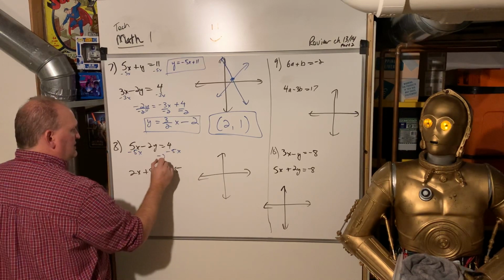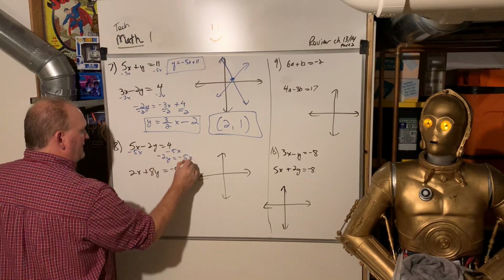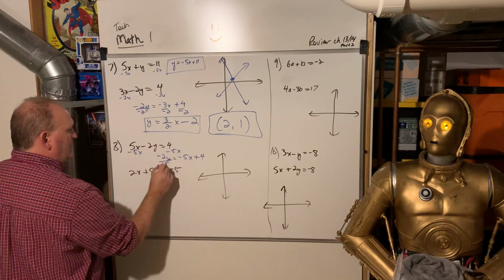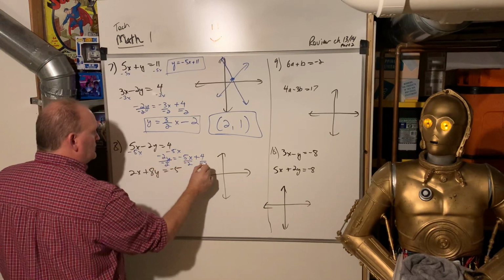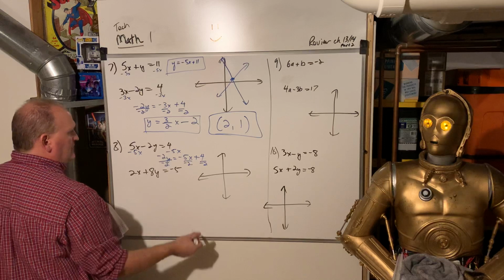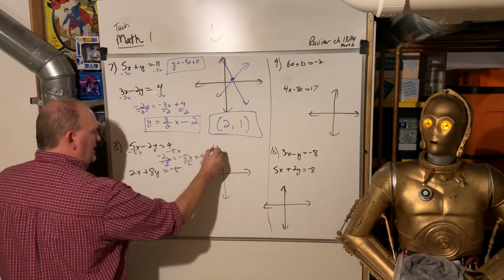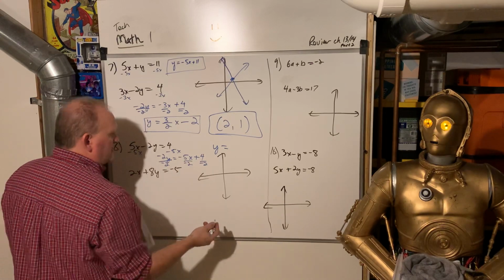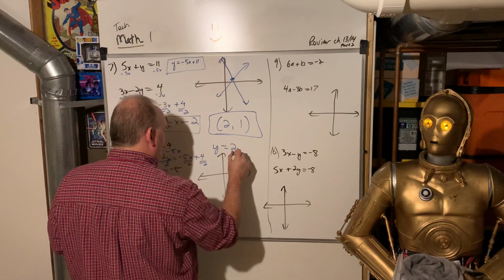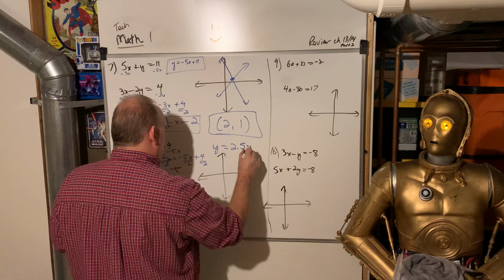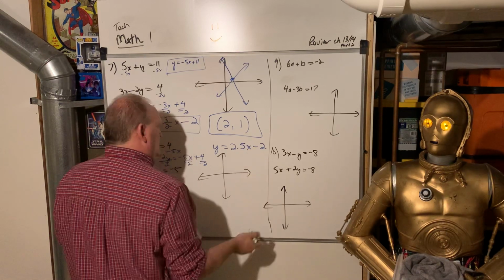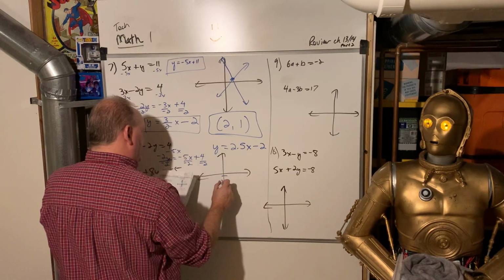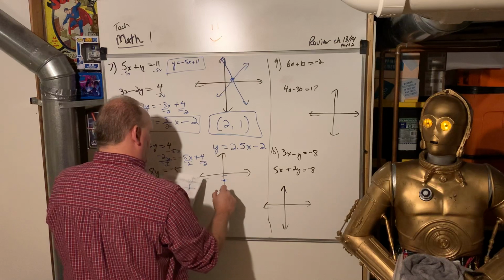Negative 5x, you got negative 2y equals negative 5x plus 4. You divide everything by negative 2. So again, if you want, you can write this as y is equal to, instead of 5 halves, you can say that's 2.5x minus 2. So you graph that, negative 2, and it goes up.